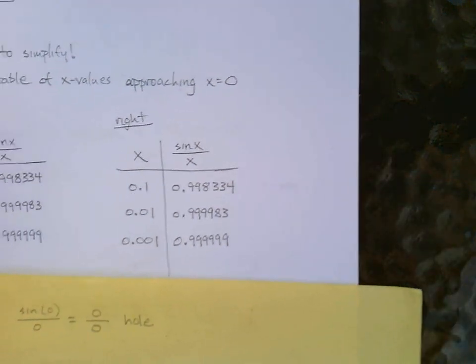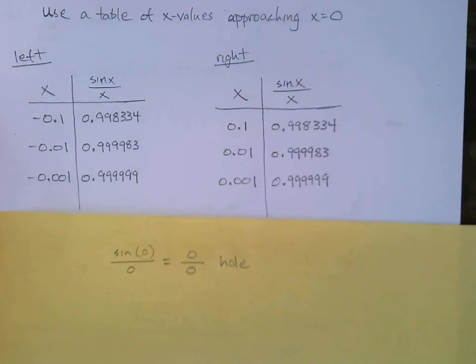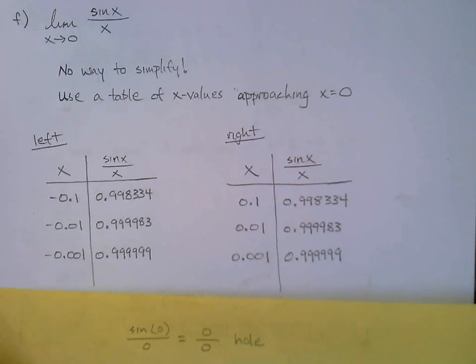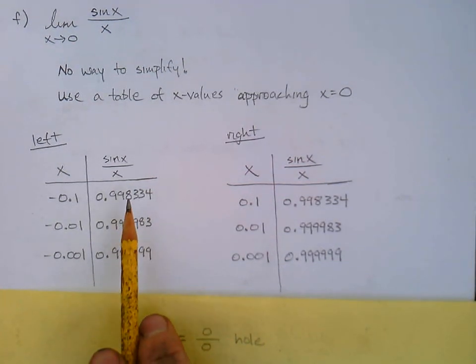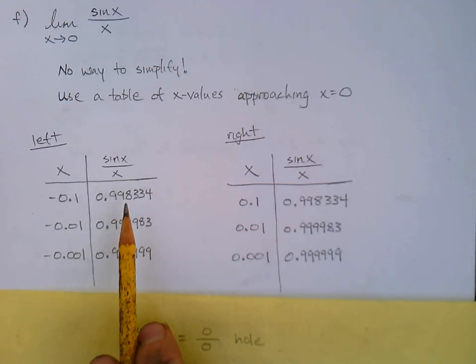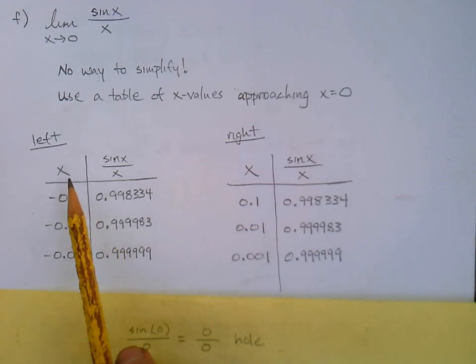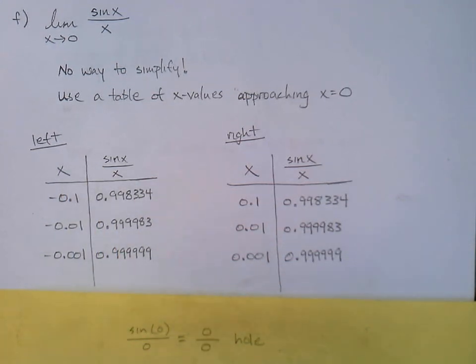Okay, so let's kind of pull it back here. We're using a table. You think, okay, well, first off, does it appear to be approaching something that we can guess? And I think it does. And then, even more importantly, do the left and right sides come to the same answer?